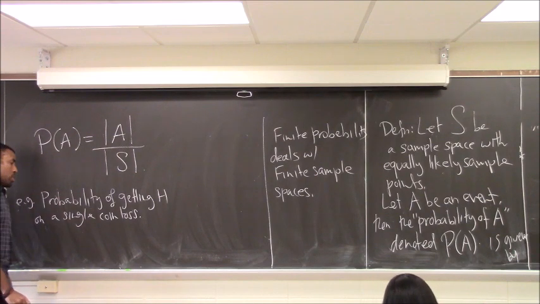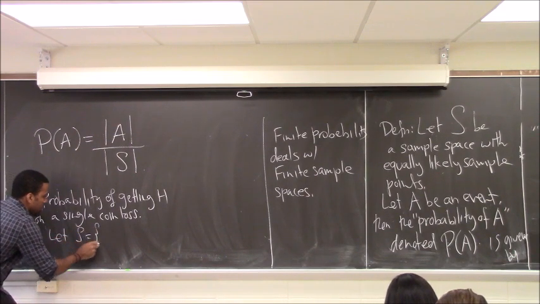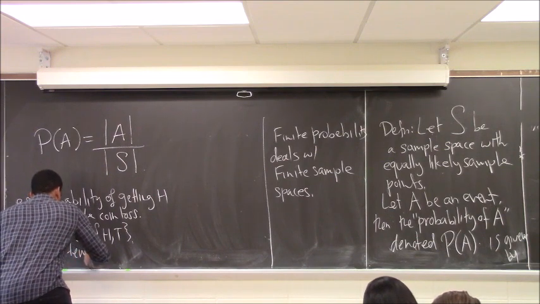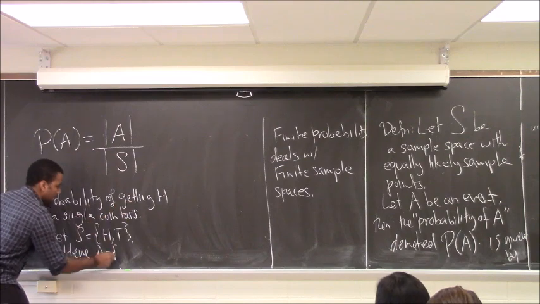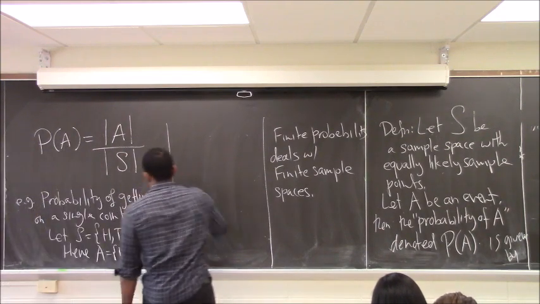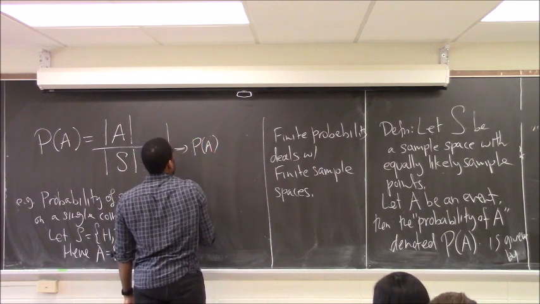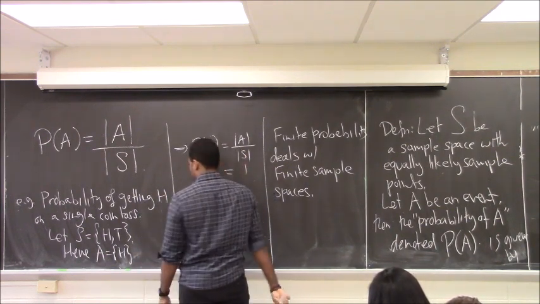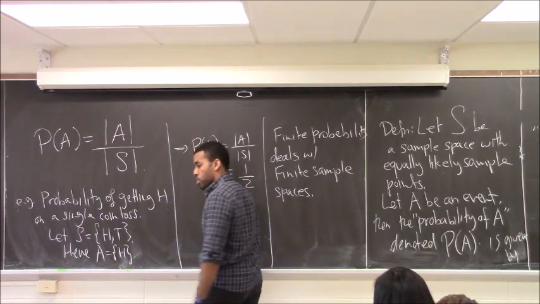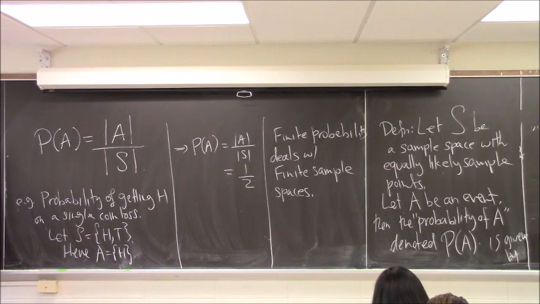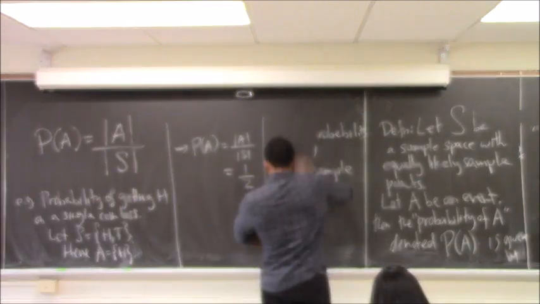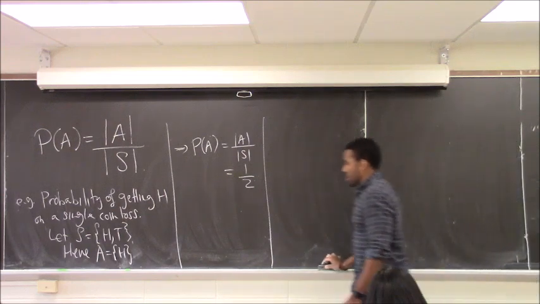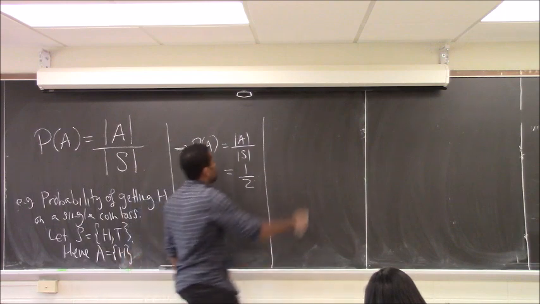You're going to want to start thinking about this by letting S be the set of, say, H and T. And here, your event A that you care about is getting H. So the probability of A, getting heads, is going to be the size of A divided by the size of S. Count how many things are in A: there's one thing in A. Count how many things are in S: there are two things in S. The probability is a half. Very easy example.